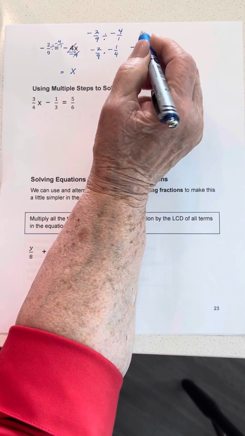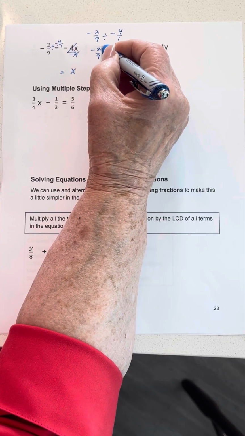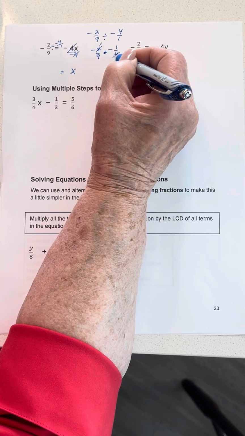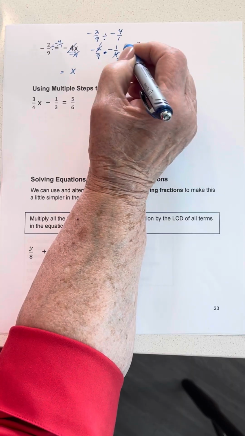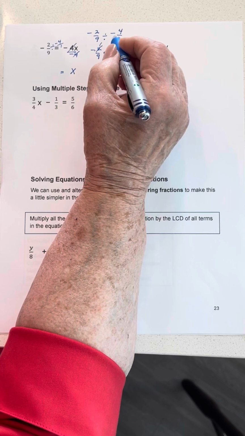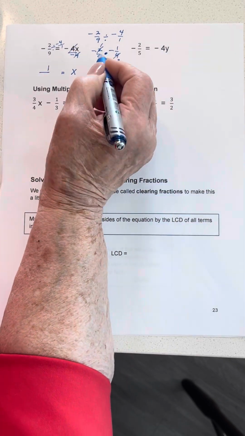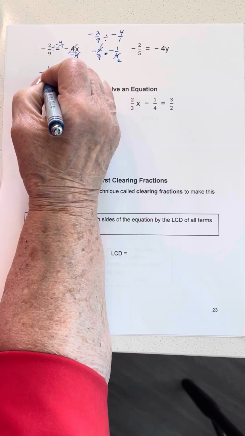So I'm always looking for cancellation. Once I get to multiplication, I can divide this by 2 and this by 2. So signs are alike, so it's going to be positive. And we have 1 times 1 on the top and 9 times 2 on the bottom.